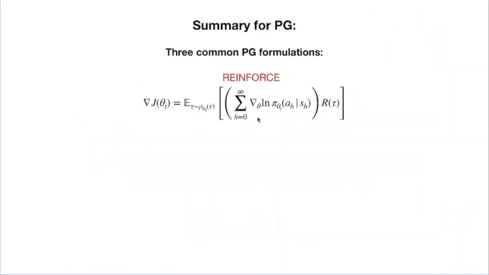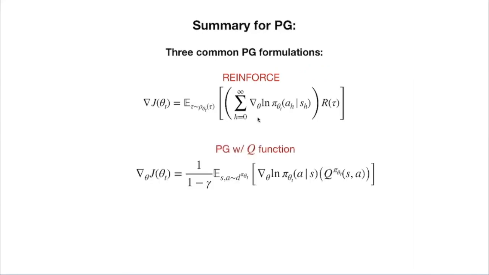All right, let's summarize what we covered for policy gradient. We literally talked about 3 formulations. They are all very common, the most fundamental 3 formulations, on top of which you can design biased estimates by trading off bias and variance. The first one is REINFORCE. This is the simple importance weighting. The second one is the policy gradient with the Q function.